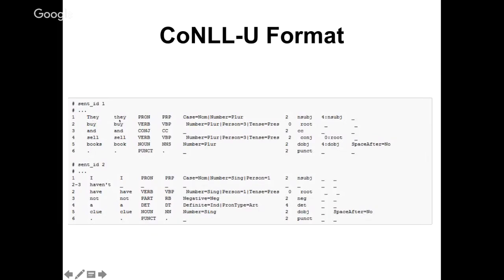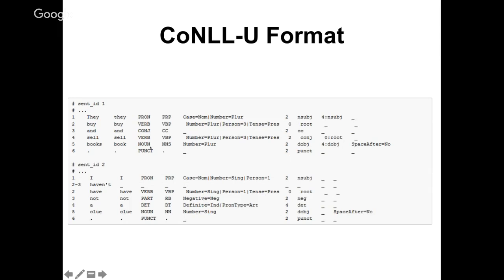This is English, so lemmatization is not so exciting, but for books, you can see that the lemma is book. Then there is the part of speech, the coarse-grained part of speech and the fine-grained part of speech, so conjunction. While this is coordinating conjunction, there is also the subordinating conjunction. Then there are the morphological features, gender, mood, tense, and so on.